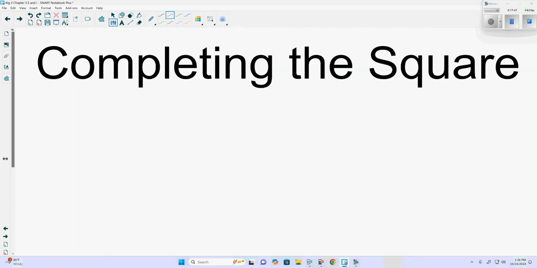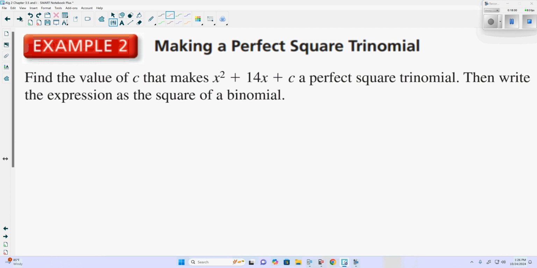This first method that works every single time is called completing the square, because we're trying to make that quadratic a perfect square trinomial. We're trying to make it into a square. Now, the first key step in this is to find the value of c that will make the quadratic into a perfect square trinomial.